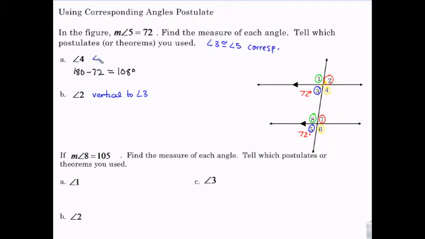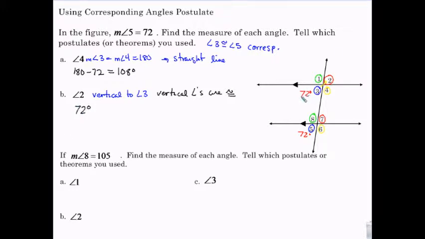Then angle 3 and angle 4 will equal 180, because it's a straight line. And what do we know about vertical angles? They're the same. Vertical angles are congruent. So if angle 3 is 72, that means angle 2 is 72 degrees.